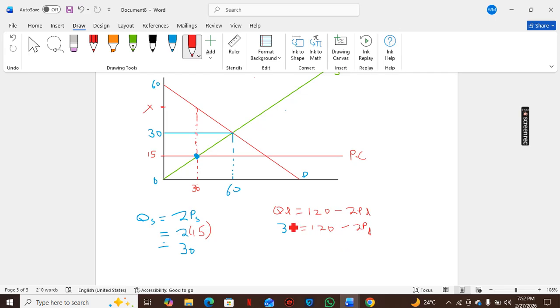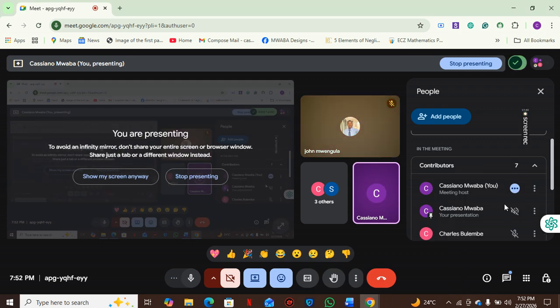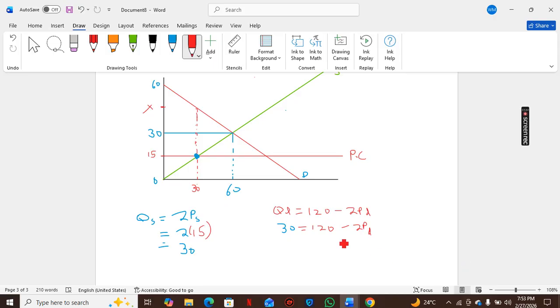We'll take this negative 2 PD over this side. It becomes positive 2 PD. We have 2 PD equals 120 minus 30. 120 minus 30, that is 90.